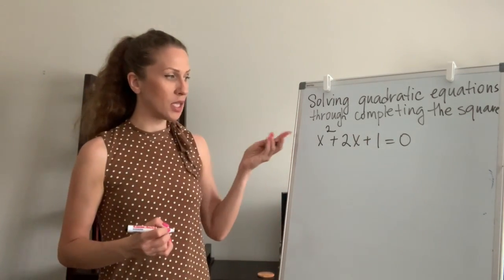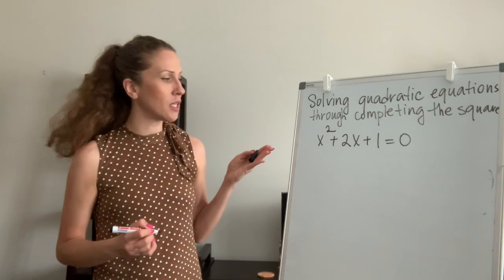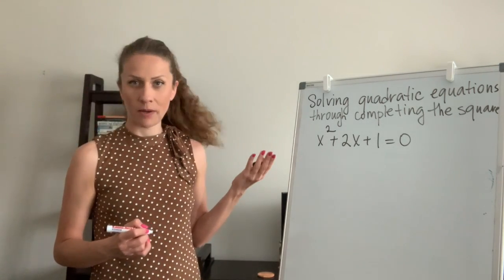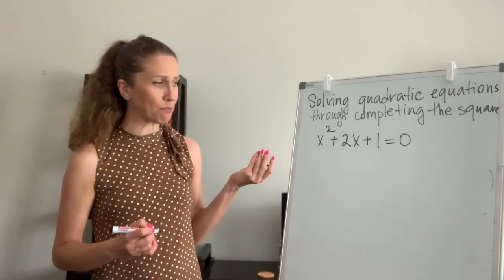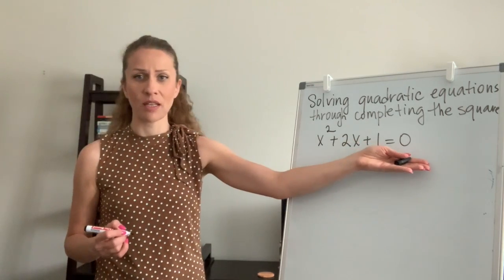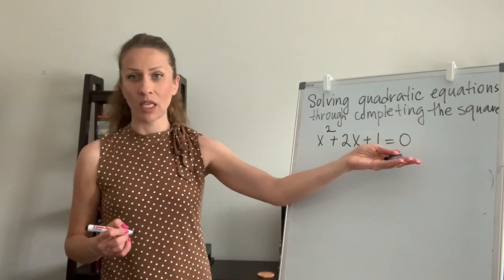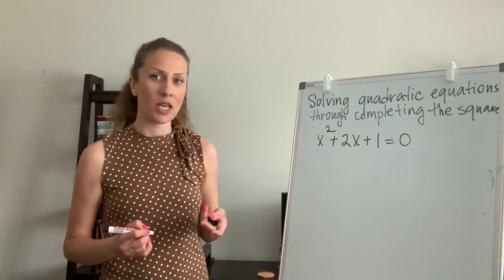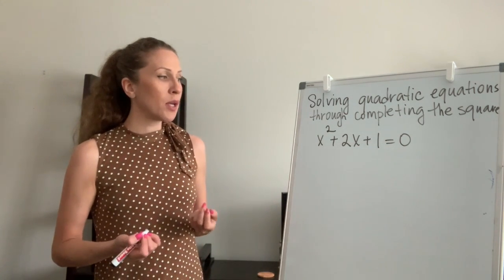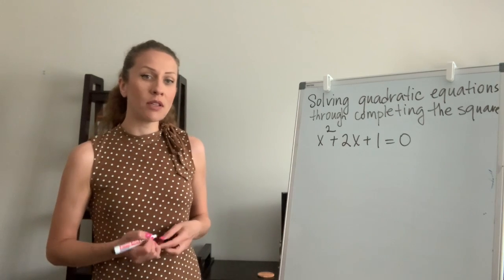Notice, this is a quadratic equation because it contains x squared in it, or any variable squared, and it's a 0 on the other side. If it's not, you need to make it a 0 by moving things to the other side of the equal sign. But this trinomial here on the left is factorable.